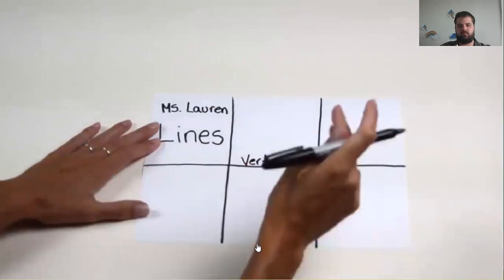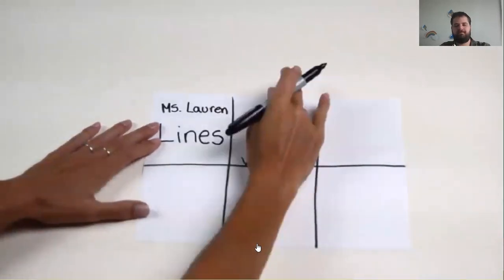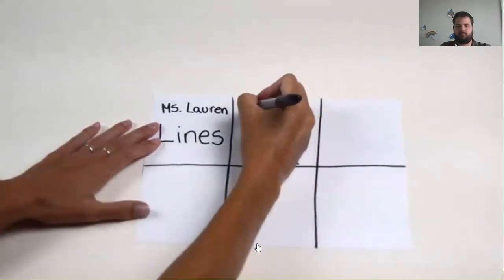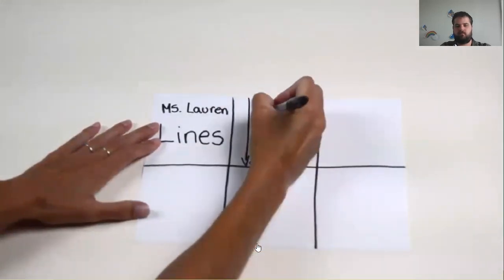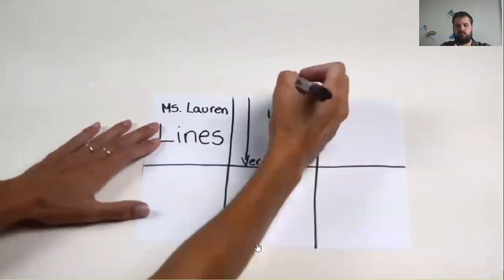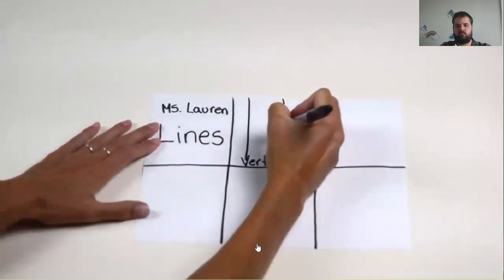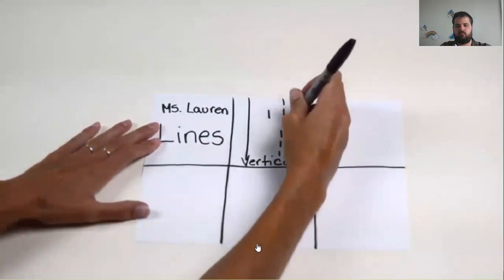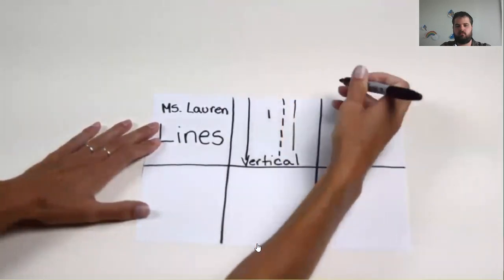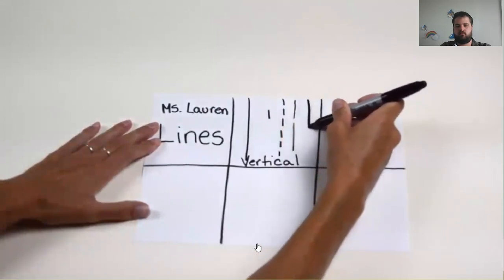A vertical line is a line that goes up and down, and it can be long, short, dotted or broken. It can be thin, and it can be fat or bold.